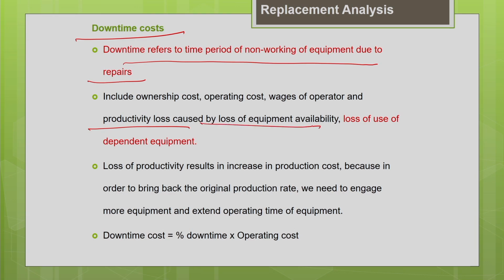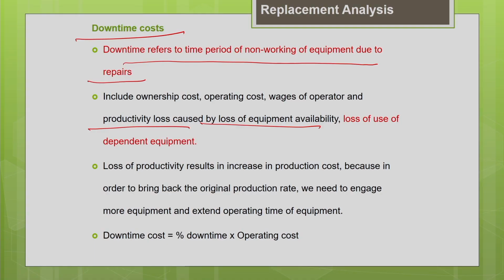So basically, to explain that more clearly, say for example, your machine has spent sufficient time in the repair yard. Because of that, we are going behind our production schedule. Once the machine comes back from the repair yard to the project site to resume the service, we are already behind the schedule.